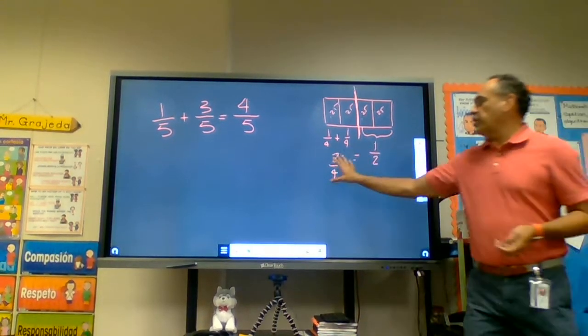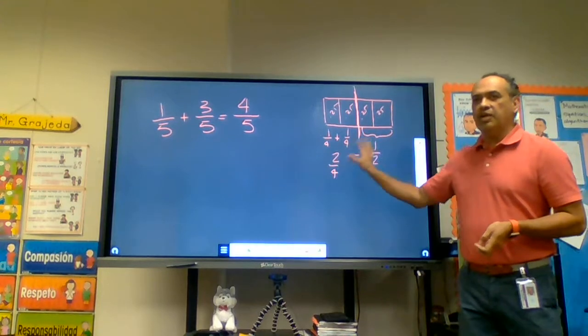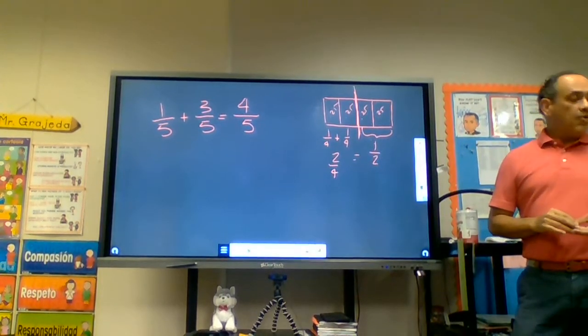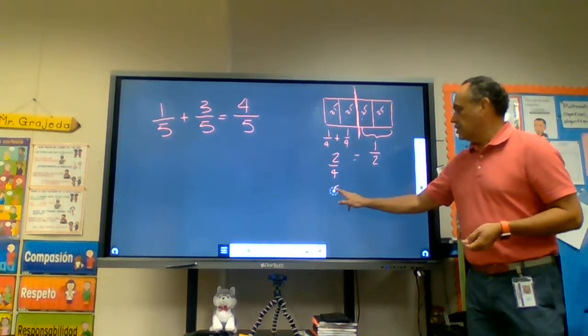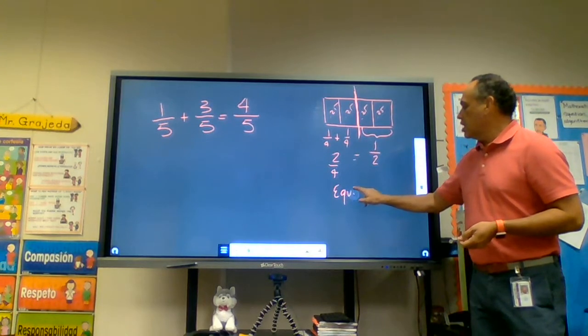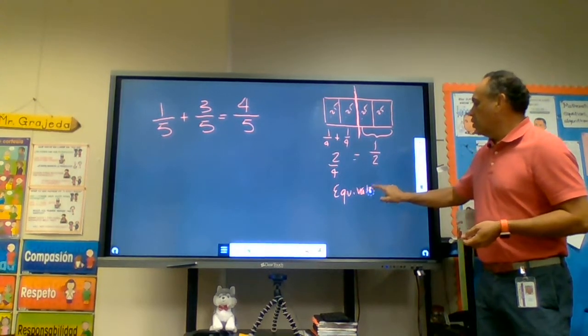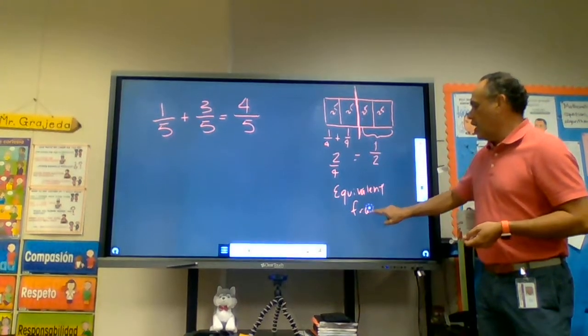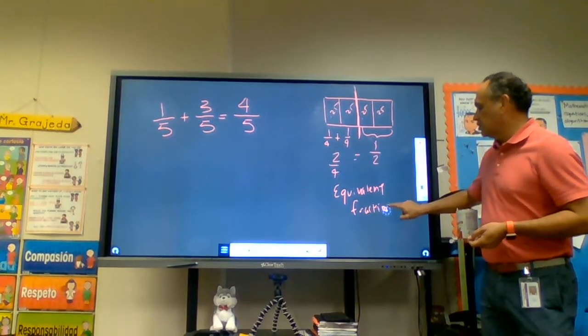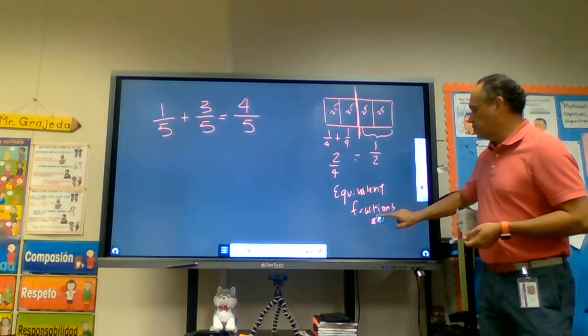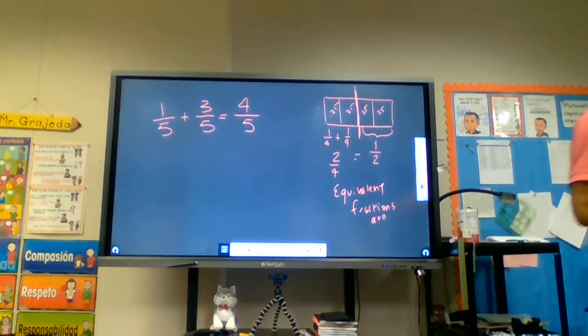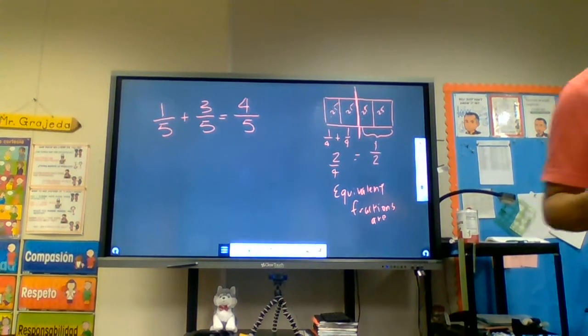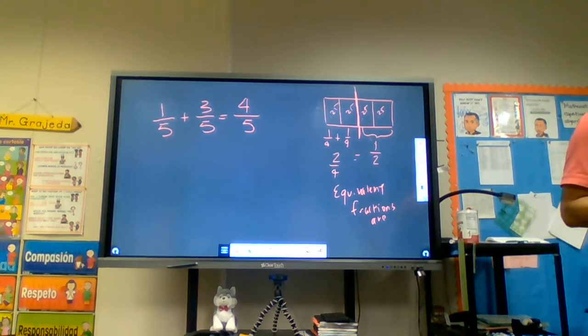And how do we call when the fractions are the same but they look different? Equivalent fractions. This is going to be important for us to remember. Equivalent fractions look different, but they have the same value.